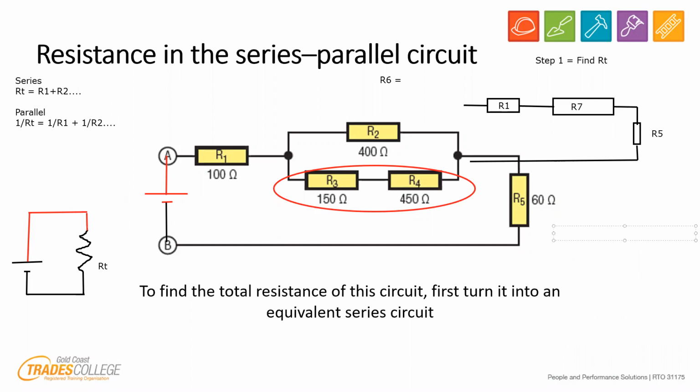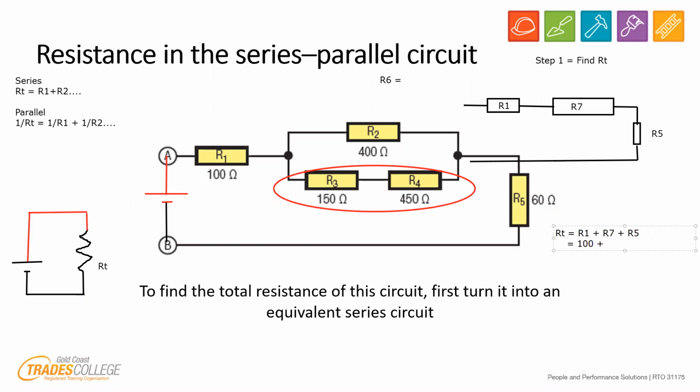So now we've got RT. You can write series in if you want to. You don't have to. But make sure you get the numbers right. So now I've got R1 plus, it's not R2, it's R7. And then it's R5. So we've got R1, which is 100.